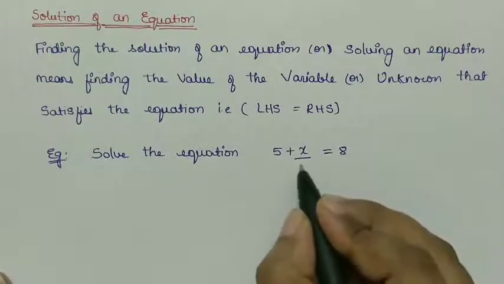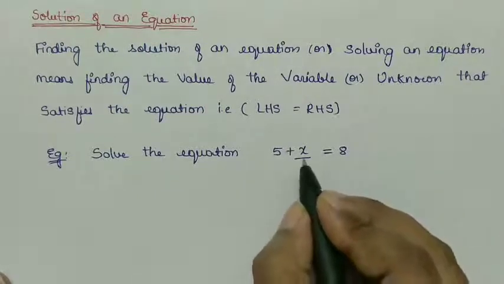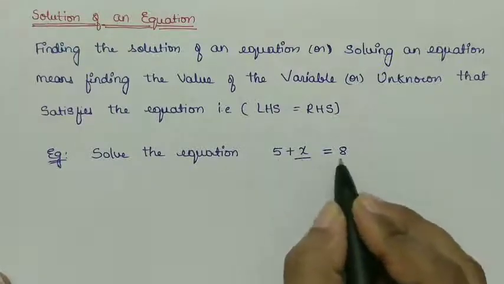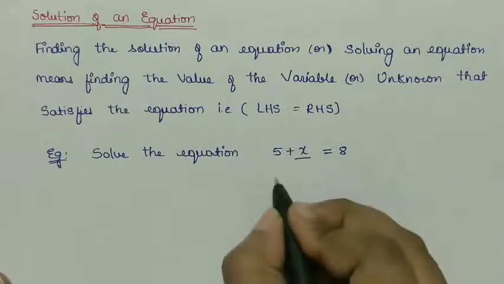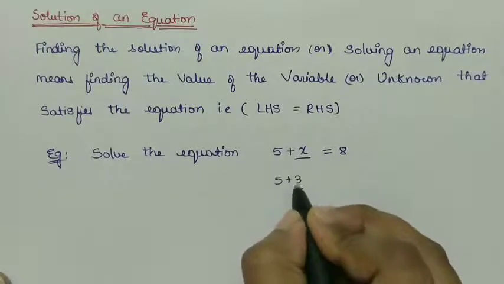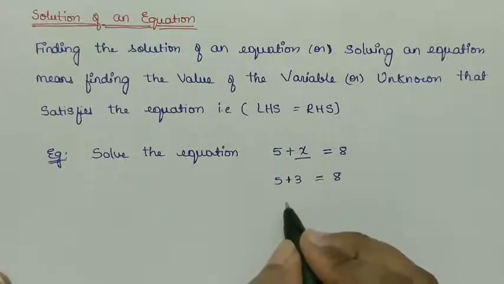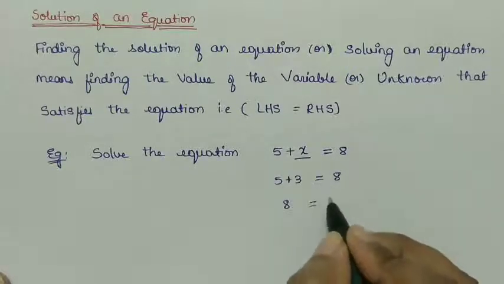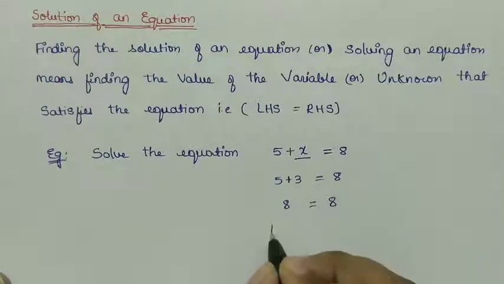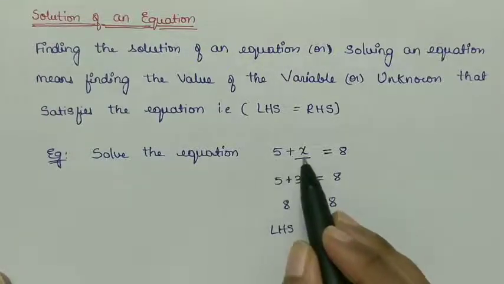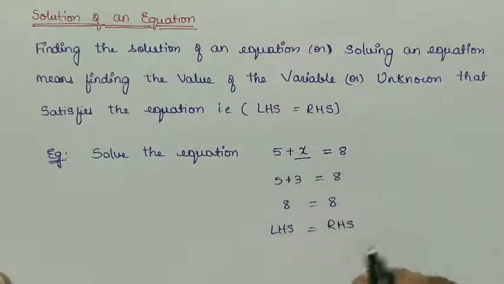Seeing this, we know that if the value of x is equal to 3, then 5 plus 3 is equal to 8. Therefore, LHS is equal to RHS. The solution of the equation 5 plus x equal to 8 is x equal to 3.